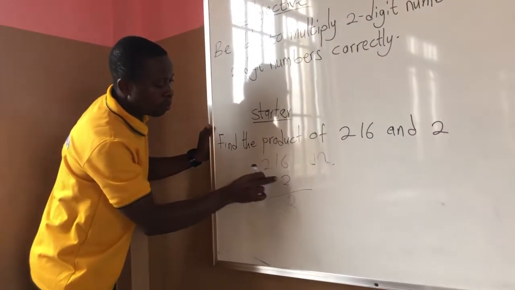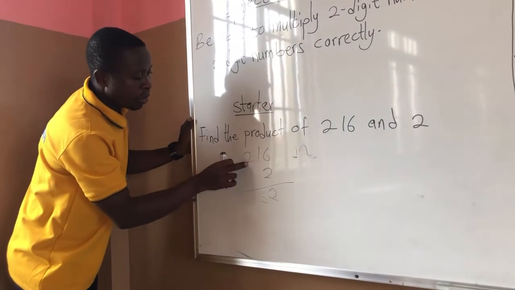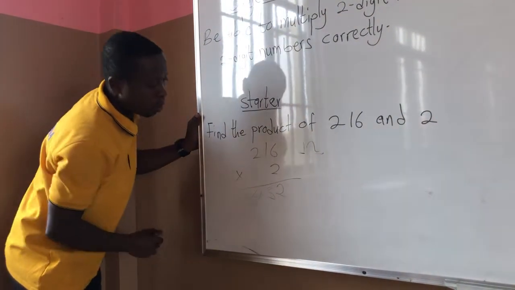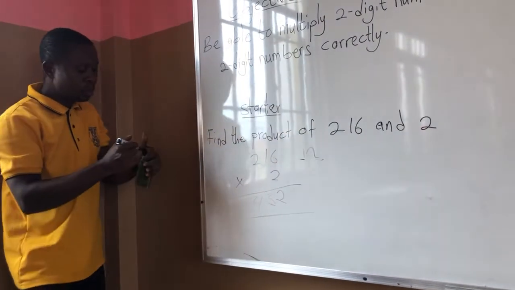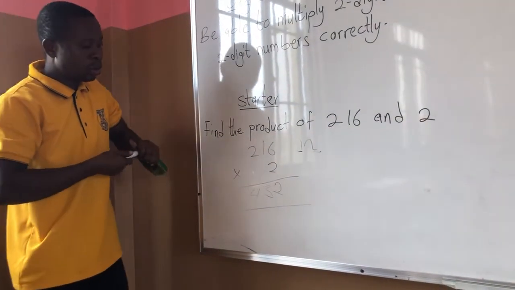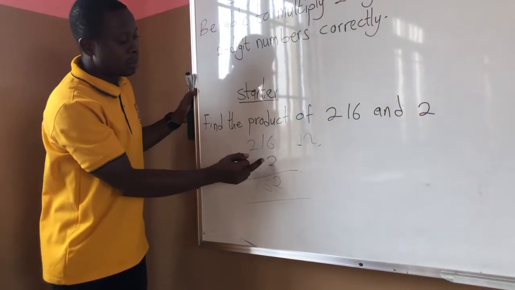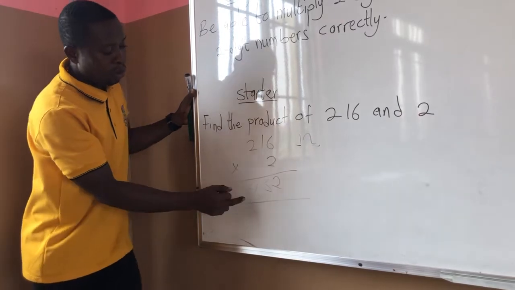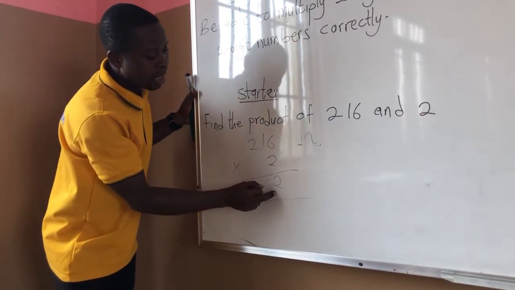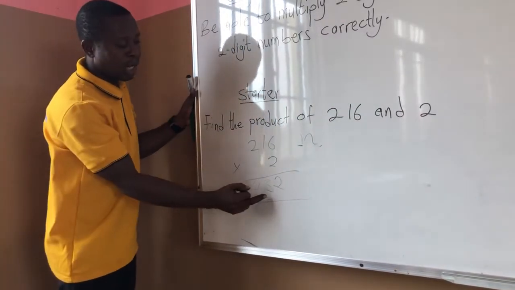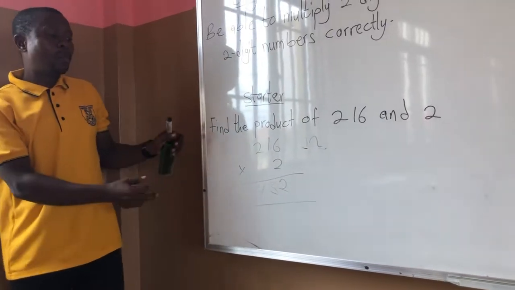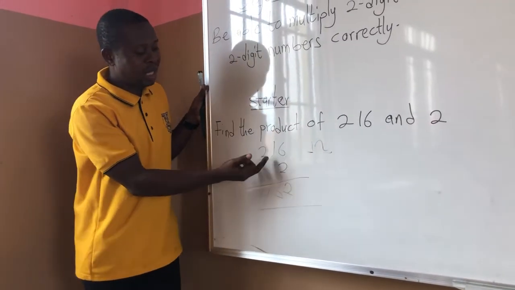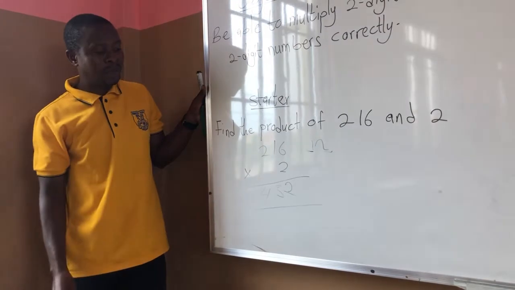Then we move on to the next one. 2 times 2 is 4. So we multiply 216 by 2 and we have 432. That is multiplication of a 3-digit number by a 1-digit number.